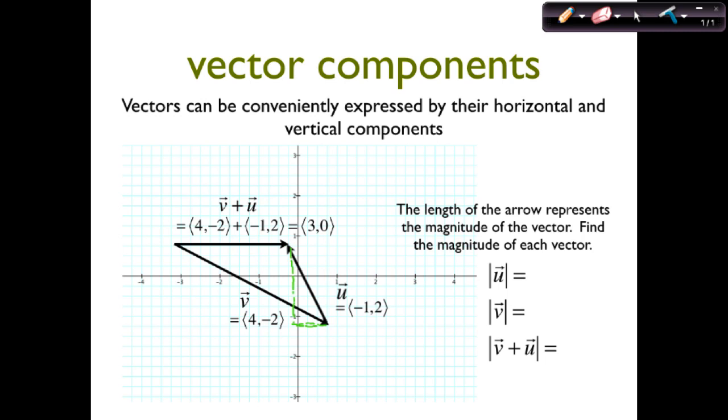We know that's what those components are. So really, a vector is a hypotenuse of a triangle. And so then you can use the Pythagorean theorem, and you would have the square root of 1 squared plus 2 squared, and so the square root of 5. There we go.